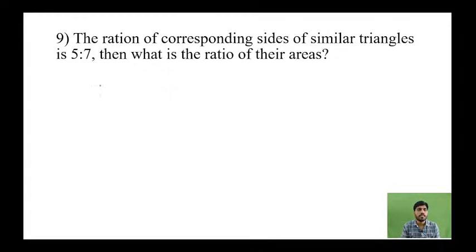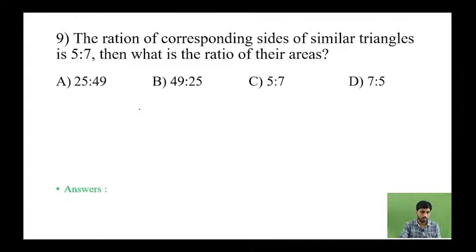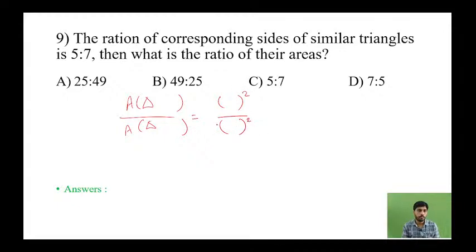Question number 9 is, the ratio of corresponding sides of similar triangles is 5:7. Then what is the ratio of their areas? We know that the area of the first triangle upon the area of the second triangle will be equal to the ratio of squares of the respective sides.